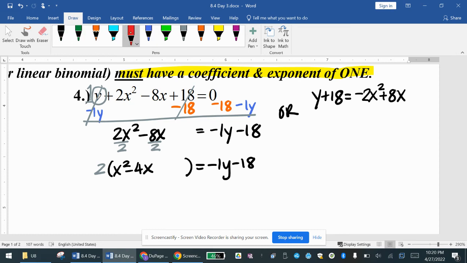Okay, so I'm going to complete the square. Half of negative 4 is negative 2, and negative 2 squared is 4. So technically I've added 8, so I'm going to make up for that on the other side. And this factors to 2 times x minus 2 squared. Remember that half of b is negative, so half of negative 4 is negative 2.